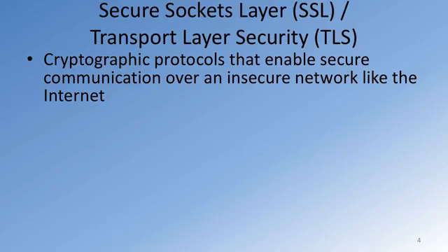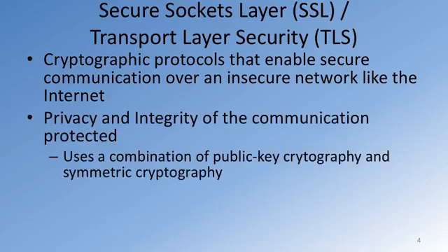The sender and the receiver will communicate over the internet using encrypted messages which only the sender and the receiver can decrypt. And this approach, either SSL or TLS, uses a combination of public key cryptography together with symmetric key cryptography. The exact process of doing this I will explain in the next slide.